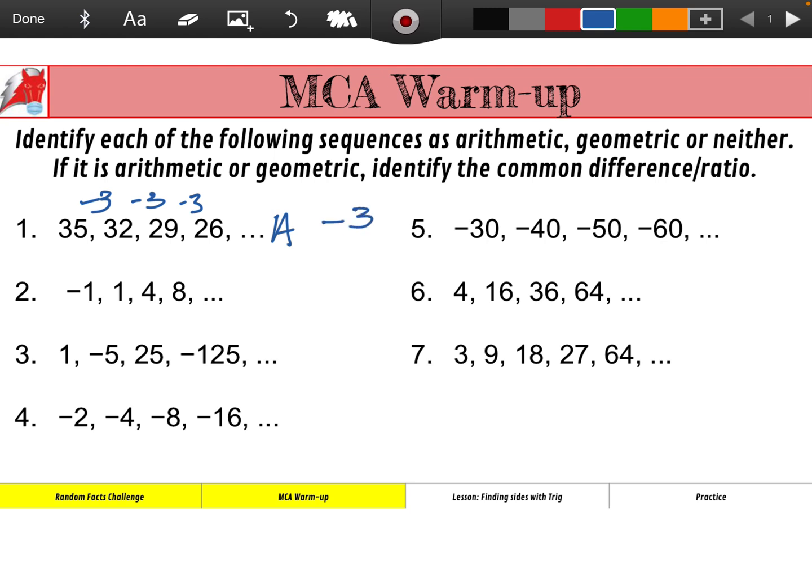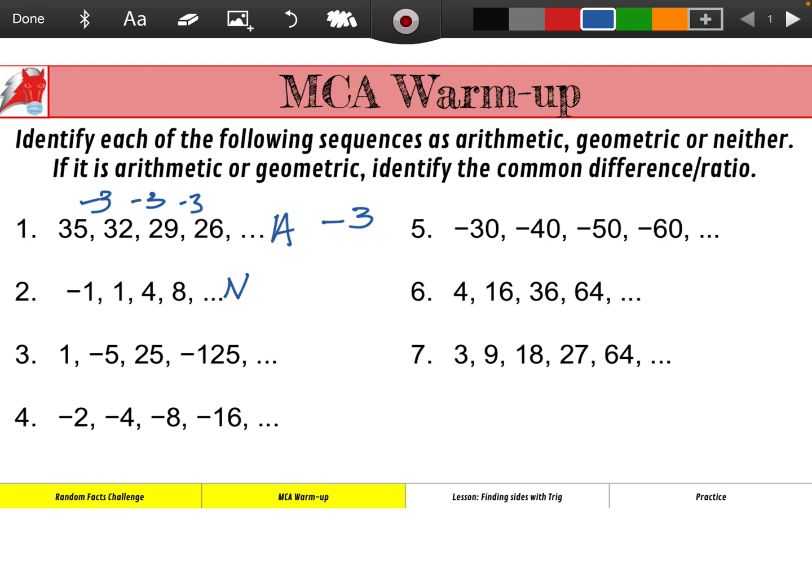The next one actually has no arithmetic or geometry, has no common ratio or difference. If I try doing the difference, the first one's being added by 2, then by 3, then by 4. Well, that doesn't work. And I can't multiply. There's not a common multiple that will give me that, so that's a neither.